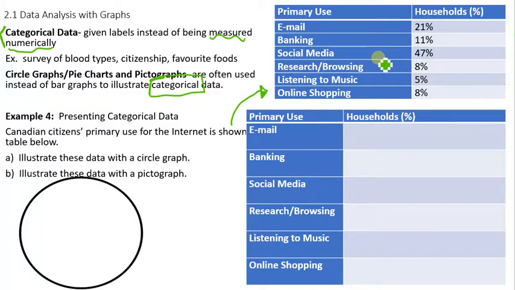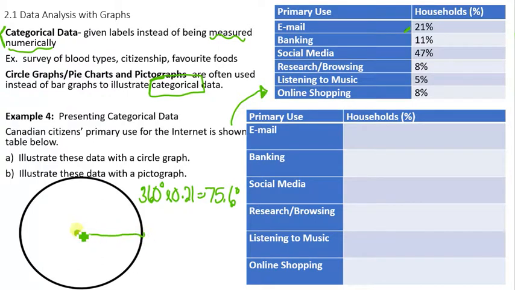When we have a percentage, we take the number of degrees in a circle, which is 360 degrees, and multiply it by 0.21, which is for email. 21% of this pie, the circle graph, is going to be used for email. So that is 75.6 degrees.